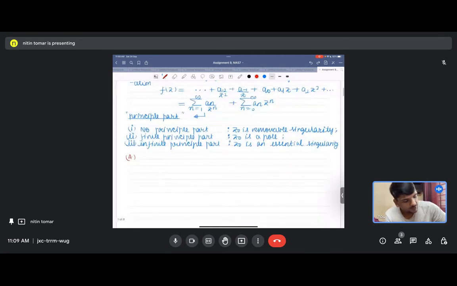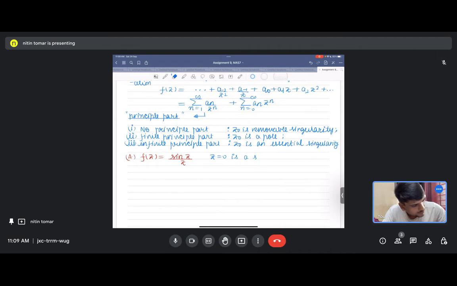So in the first question, the question is about sin z by z. What is the point of singularity? The point of singularity is where the function may not be analytic. So clearly at z equal to 0, 0 is a point of singularity, right? And is it an isolated singularity?